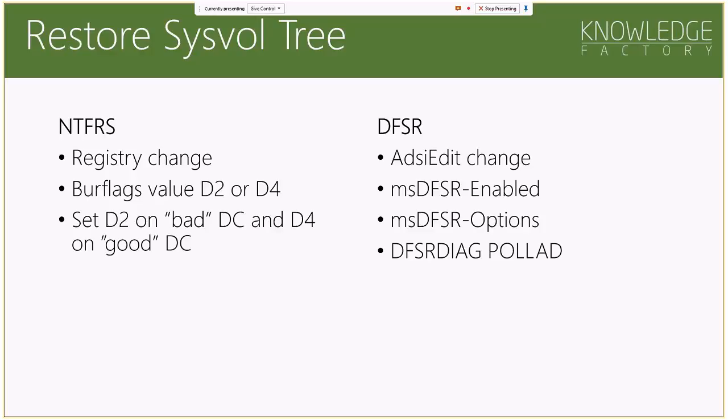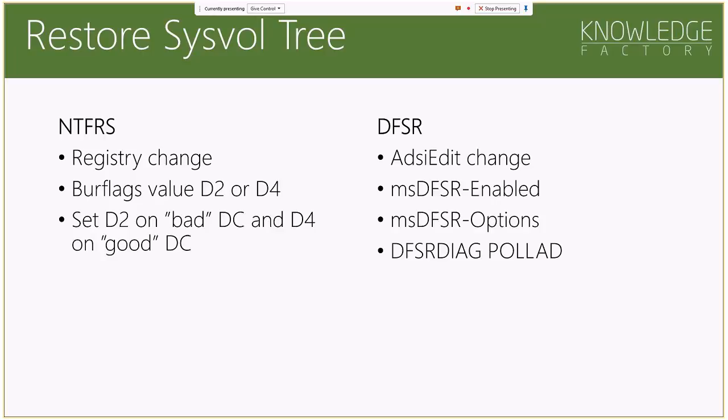DFSR, so authoritative restore, the equivalent is you set msDFSR-Options to 1 on the good DC and msDFSR-Enabled to false on all other DCs, including the good one. You force replication, because this you do in AD, so you make sure the replication is done everywhere.